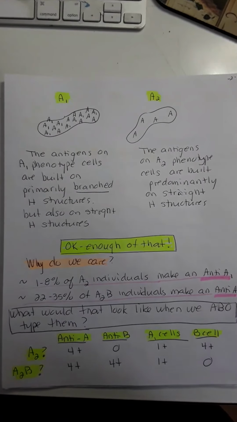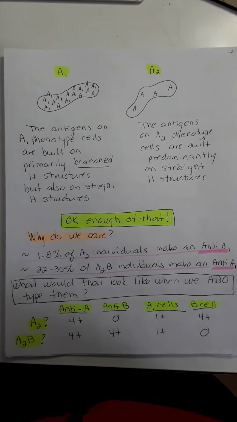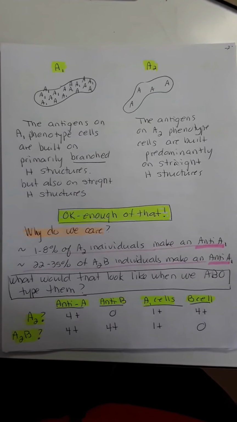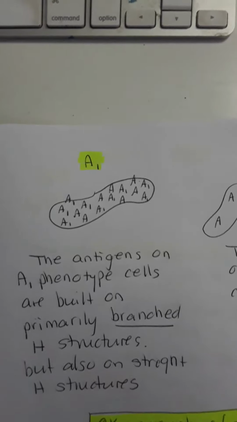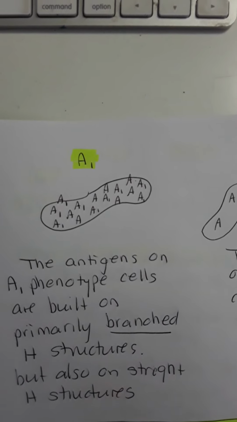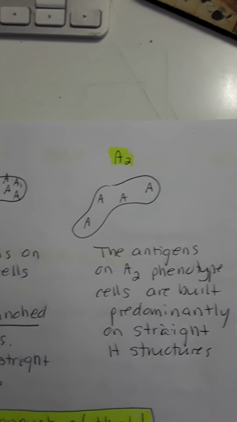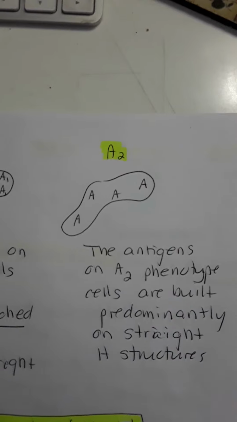Okay, so there's a handout on Brightspace that actually depicts these same or similar diagrams. The A1 phenotype is often depicted as a cell with a lot of A and A1 antigen on it, and the A2 phenotype is depicted as a cell with not so much A antigen on it.